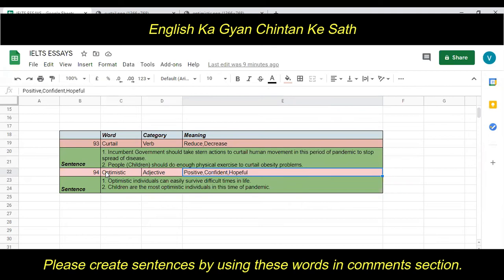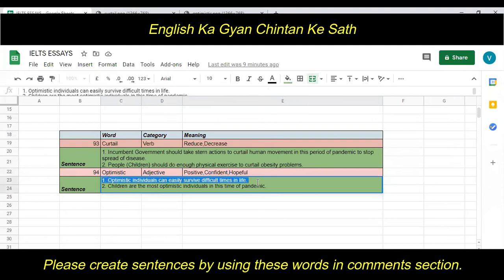Positive attitude towards the future, right? I am optimistic about my future, although right now the time is not that good, but still we should be optimistic about our future. We should be hopeful about our future.